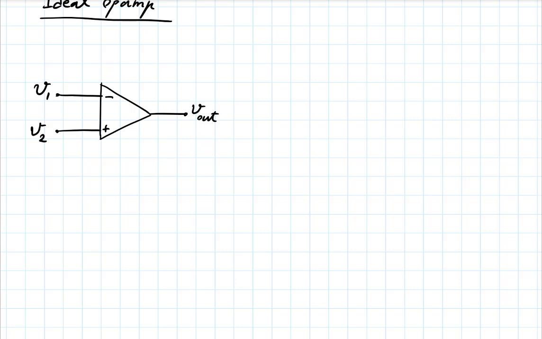But for now, assume an ideal op-amp, which has infinite gain, infinite input resistance, and zero output resistance. Input resistance being infinity means there is no current going through these, so these two input currents are 0 for the ideal op-amp.